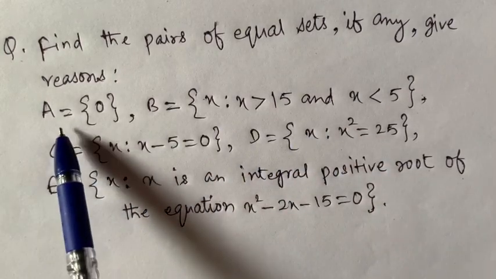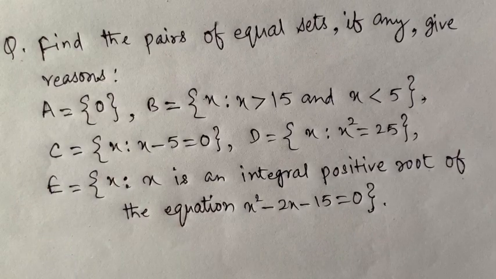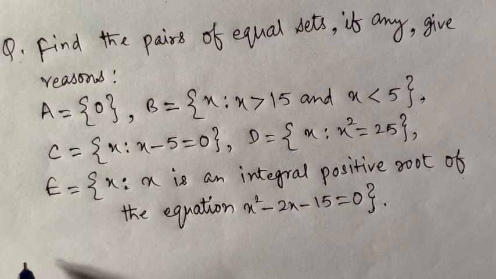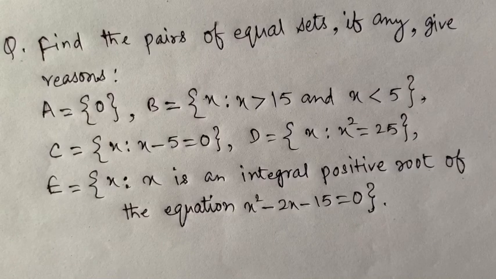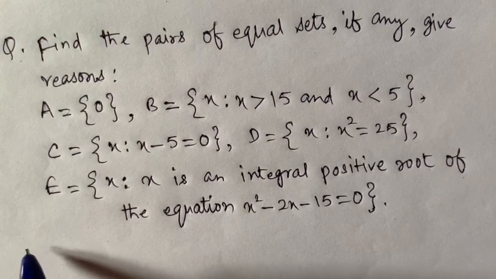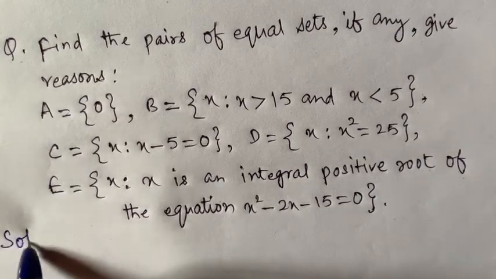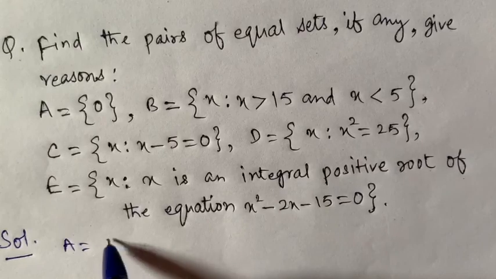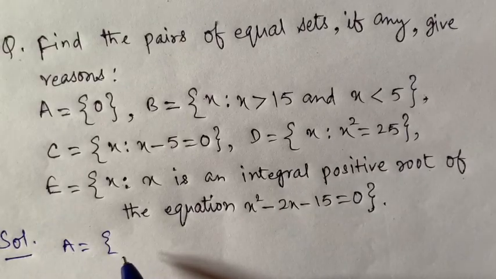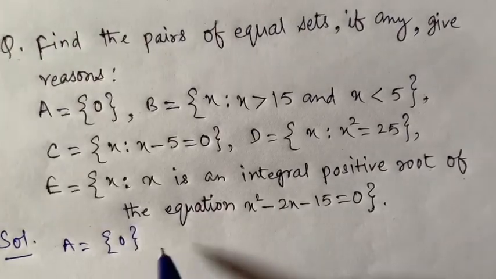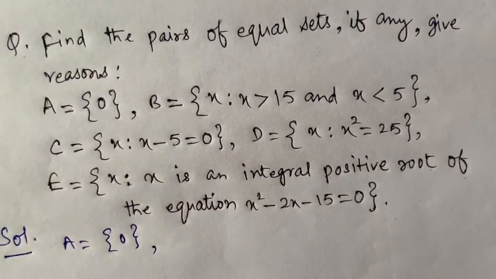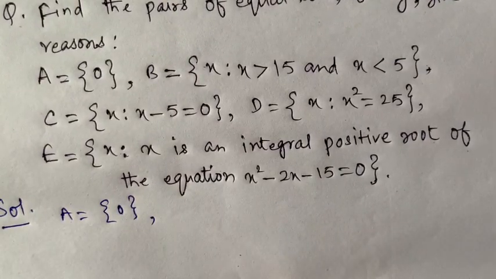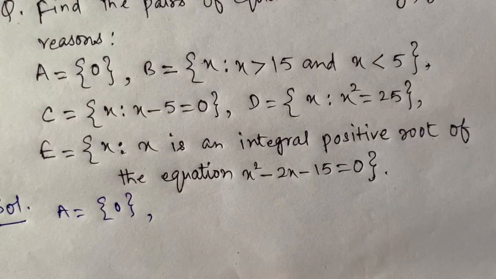We have 5 sets there, and we will need to write all of them in roster form wherever they are not in roster form. A is already given in roster form, so we need not write it again. We will just copy it, in fact.